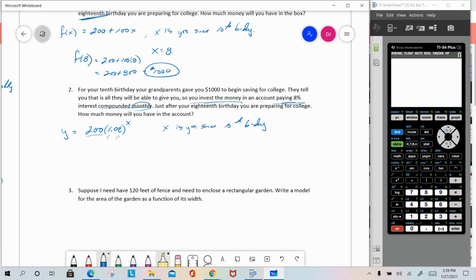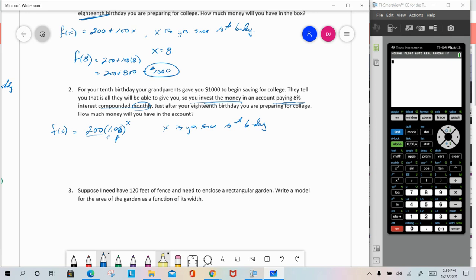So on your 15th birthday, X will be 5. On your 16th birthday, X will be 6. And let's again replace the Y with f of X.